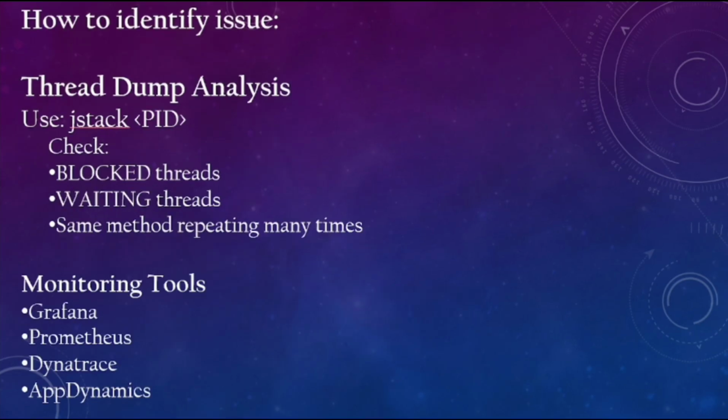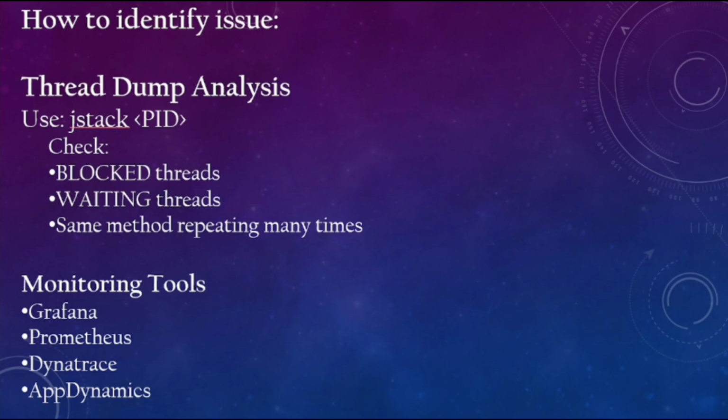Now, the important question is how do companies actually identify this issue in production? One very common approach is thread dump analysis. Using the jstack command, developers take a snapshot of all running threads inside the JVM. This helps identify which threads are blocked, which threads are waiting, which methods are taking too much time, and whether the same operation is getting repeated continuously.